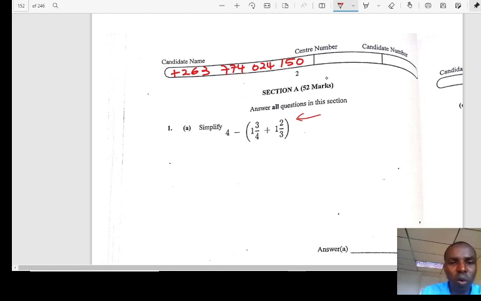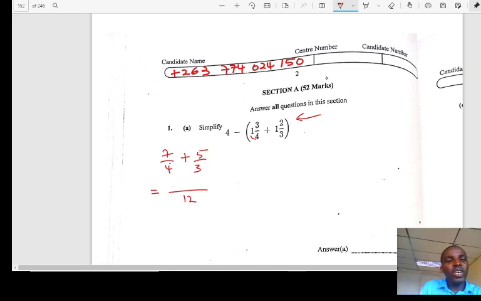So it will be 1 and 3/4: 4 times 1 plus 3, it's 7 over 4, plus 1 and 2/3: 3 times 1 plus 2, it will be 5 over 3. Then you find the common denominator of 4 and 3, which is 12.